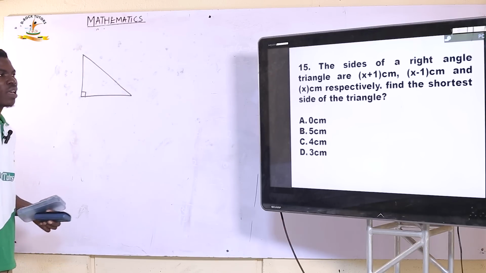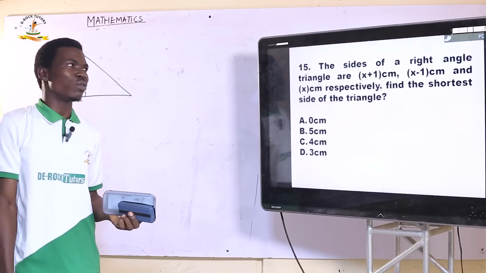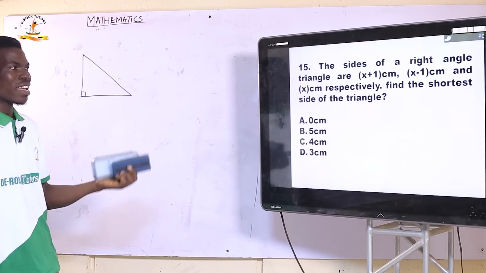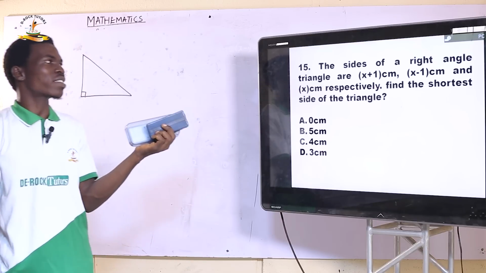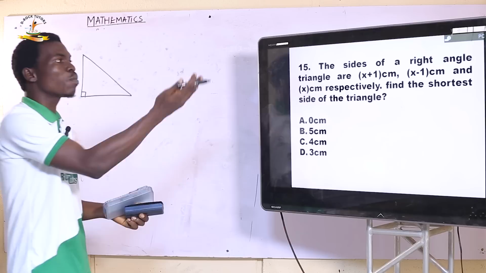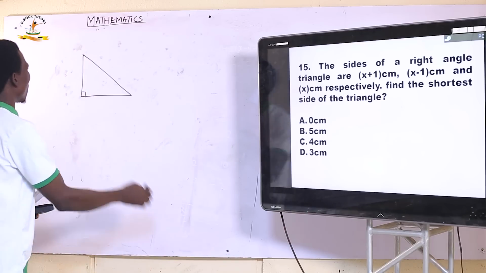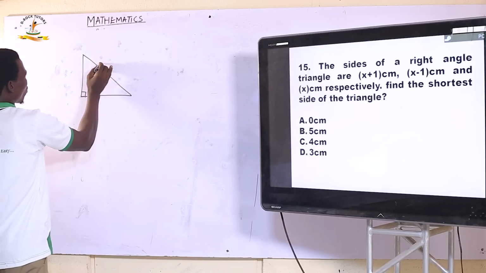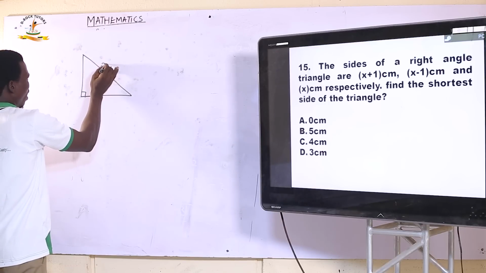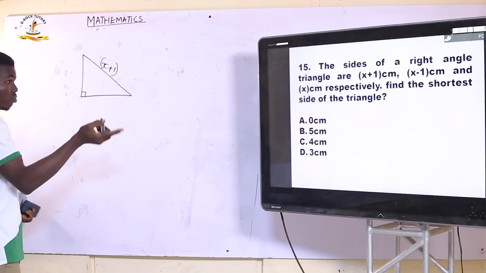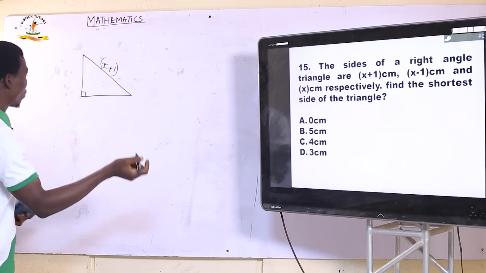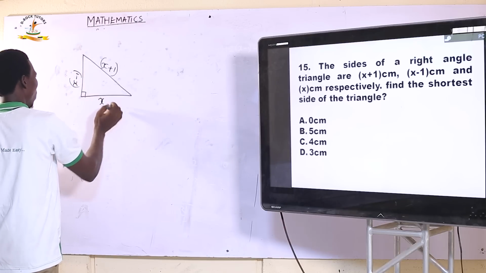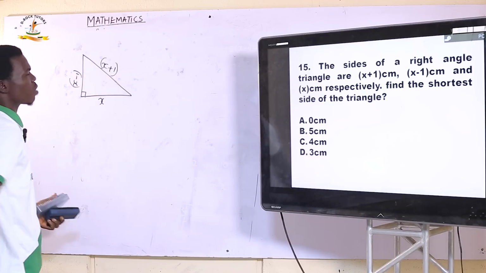That's the first thing. Secondly, we put in our values. If you look at the values, x plus 1, x minus 1, and x, obviously the longest side of this triangle is going to be x plus 1. So it is the hypotenuse, and you write x plus 1 there, and you can put either of the other two. I can write x minus 1 here and x, or x here and x minus 1 here.